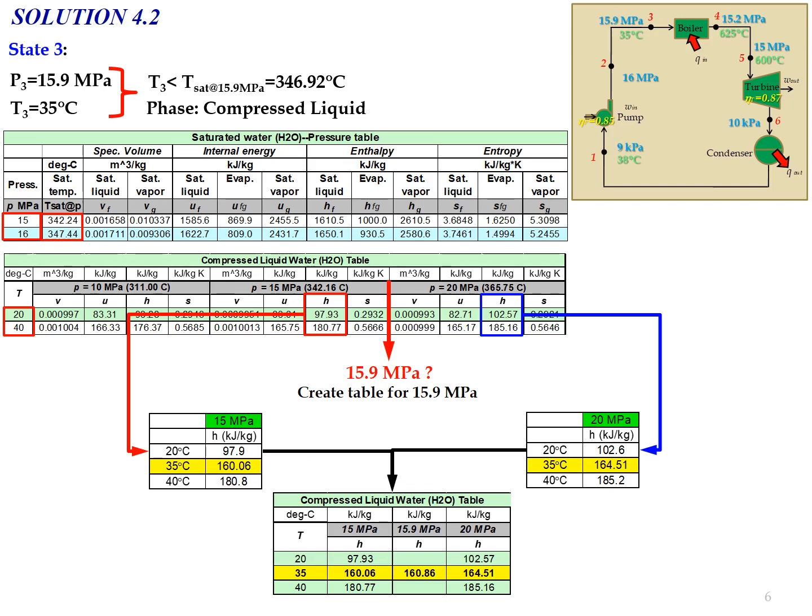Because we already determined the enthalpy for 35 degrees Celsius at pressures of 15 megapascal and 20 megapascal, by interpolation we can determine the enthalpy at 15.9 megapascal and 35 degrees Celsius. So the value of H3 will be equal to 160.86 kJ per kg.